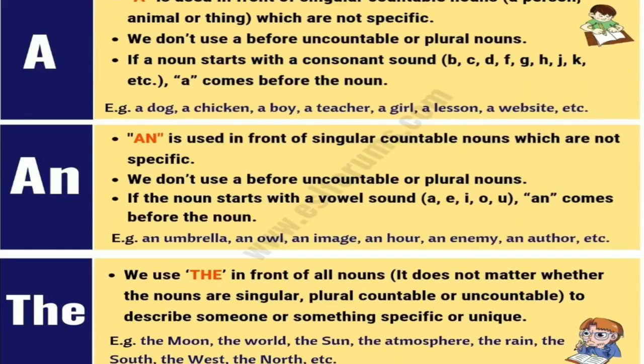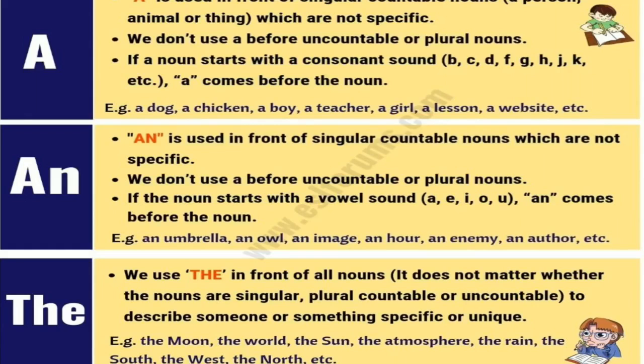So here we are using the in the case where you have certain superlative degrees, or when a singular noun is representing a whole class. It is also used to denote a particular person, thing, or one already mentioned.